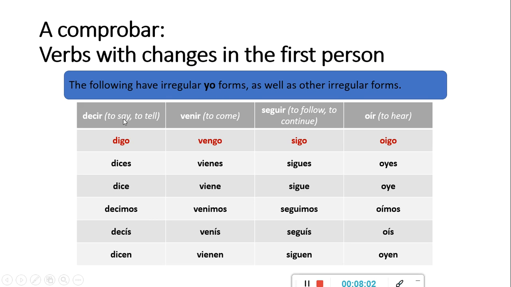Primero yo, luego tú. Decir, digo, dices, dice, decimos, dicen. Venir, vengo, vienes, viene, venimos, vienen.